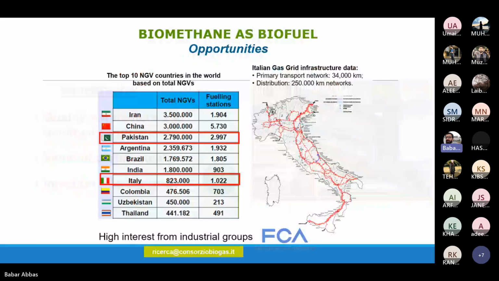So this is how the top 10 NGV countries in the world based on the total NGVs. Fueling stations.